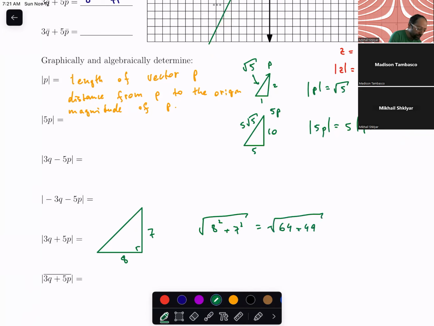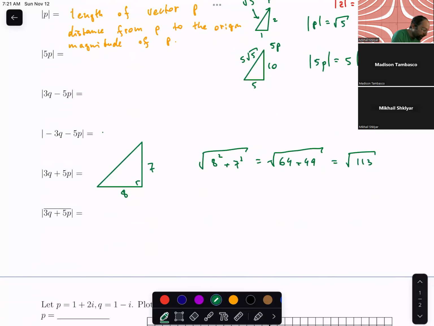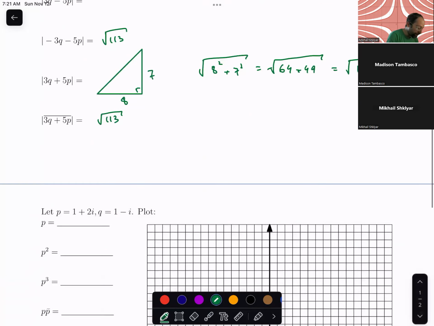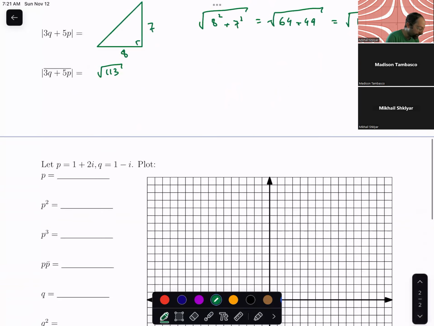If I add them, I'm going to get 113. I think 113 might be prime, definitely square free. So I guess that's it. Unless I'm making a mistake, which I think I am, but if I am, then who cares? All right, okay, so this means that all of these guys are also the square root of 113. Okay? All right. Let me double check. Okay. All right.